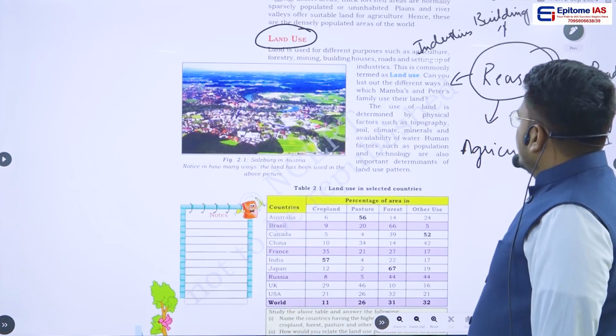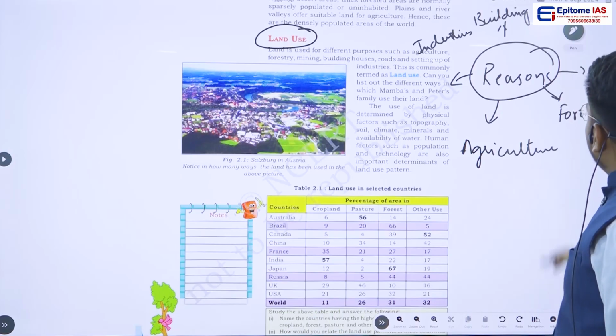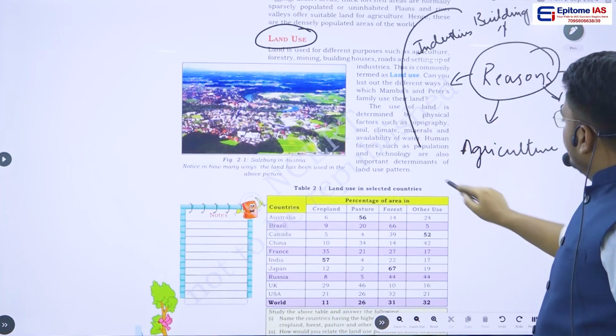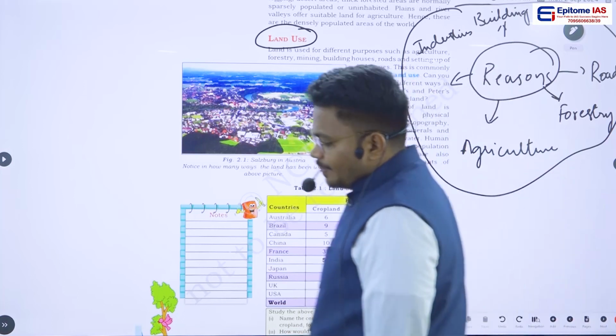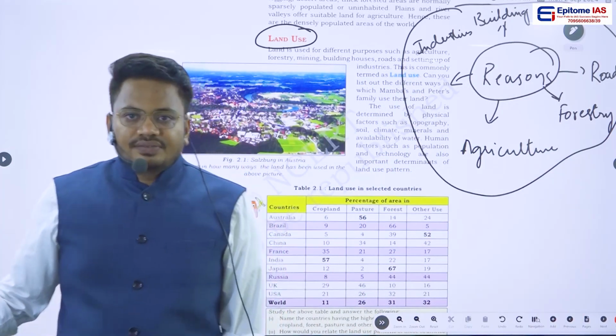So the point here is again the usage of land would not be evenly distributed. So again, what are the reasons?